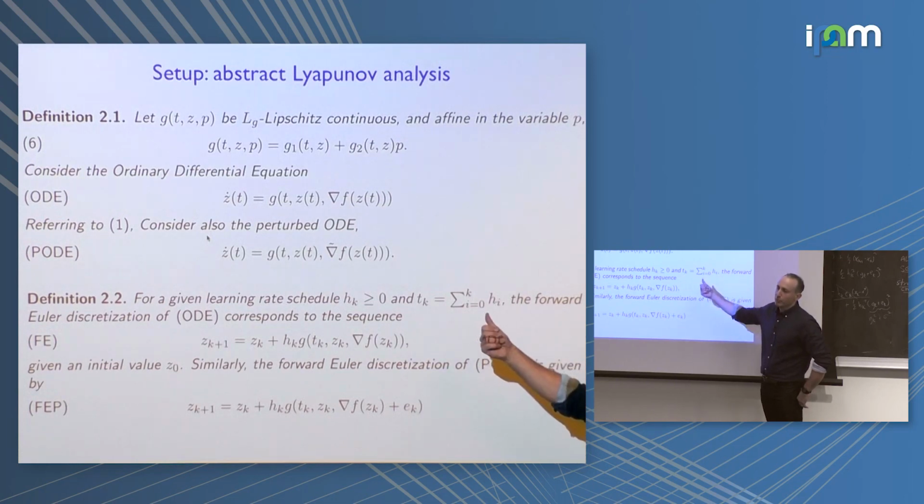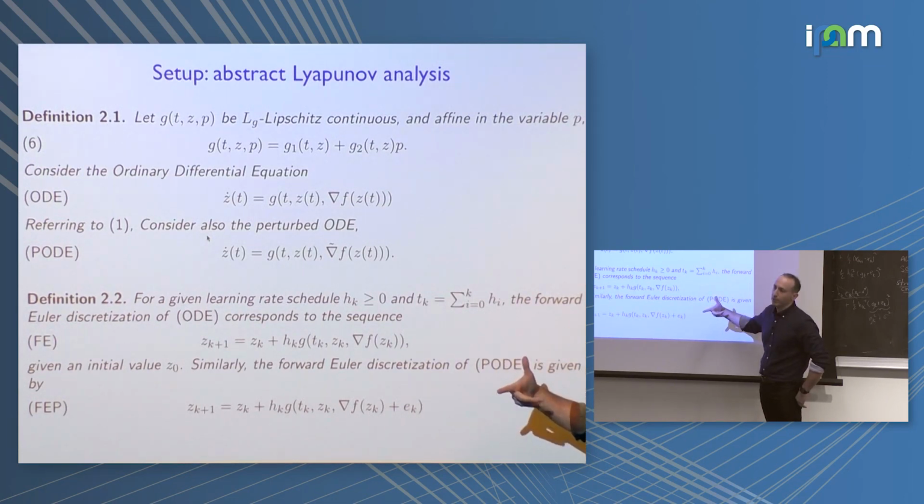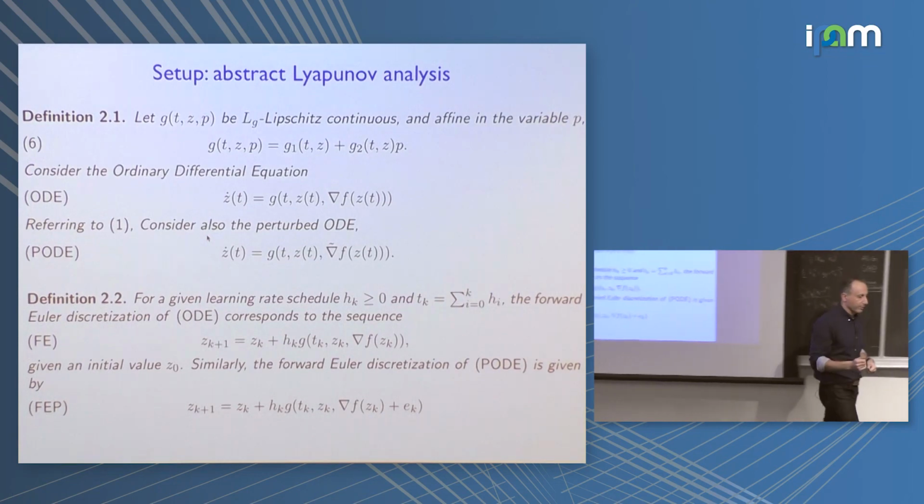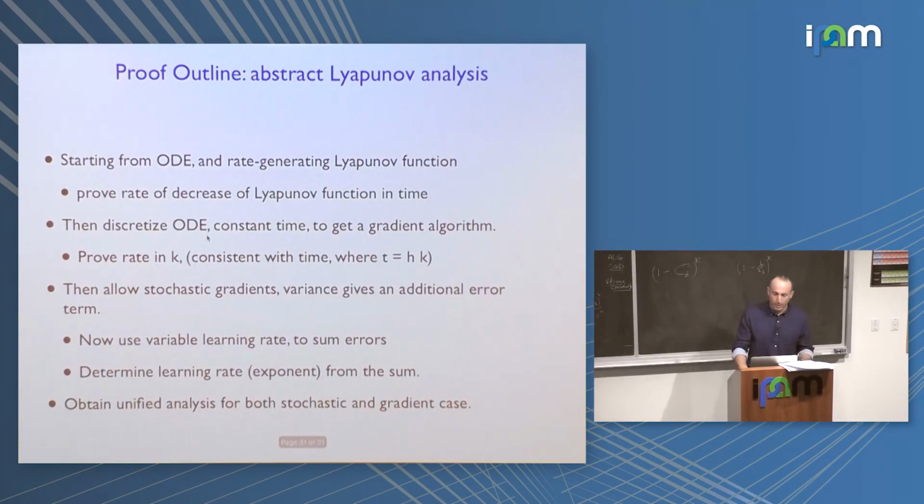We said if you have a general Lyapunov function and a general ODE, what properties do you need? It decreases at a rate. And then we proved, like the proof I did on the board, that it decreases and you sum things up to get a rate. And then we applied it to the Nesterov algorithm. So there it is. You have the abstract stuff.